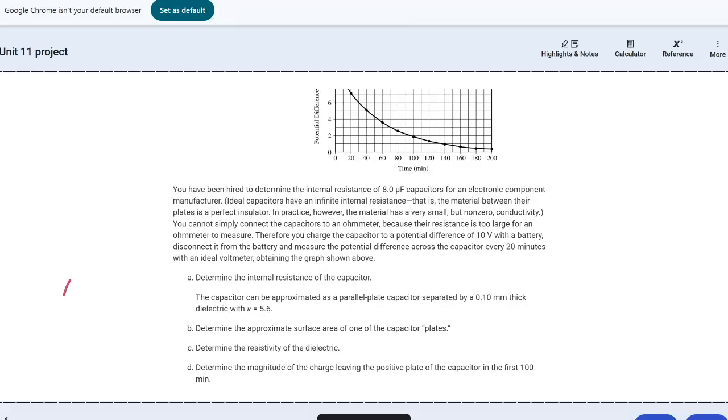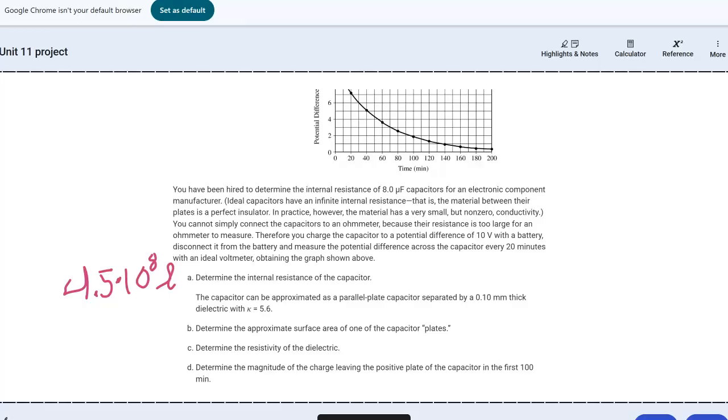Now let's just put this here because I think we're going to need it. And I forgot to mention in our relevant equations the 37% rule.